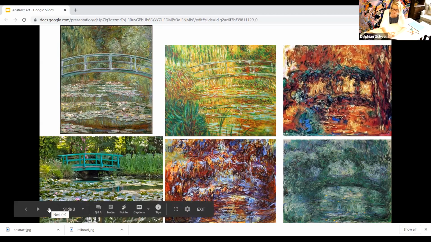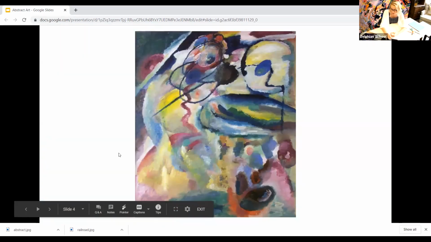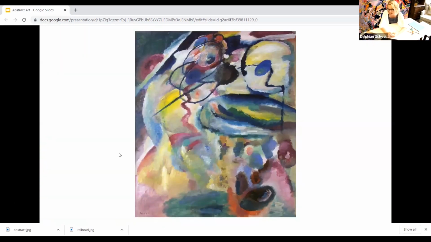But there's another school of thought where this is the first abstract painting, and this one was painted in 1911. So there's a school of thought that abstract art started with impressionists, and there's a school of thought that abstract art is a little bit different than impressionist or post-impressionist art, and that it started in the 1910s.